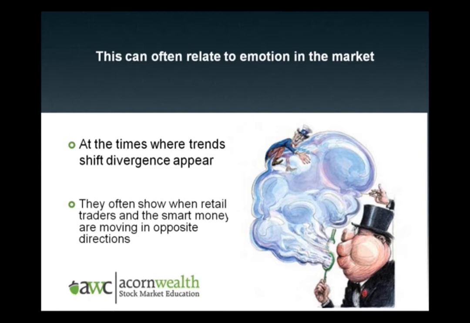Then there's the public participation zone, which is where everyone else starts to buy. And then there's the distribution zone, which is where basically smart money wants you to feel as excited as possible so that they can sell to you, they can get out. And that's obviously what we want to avoid.